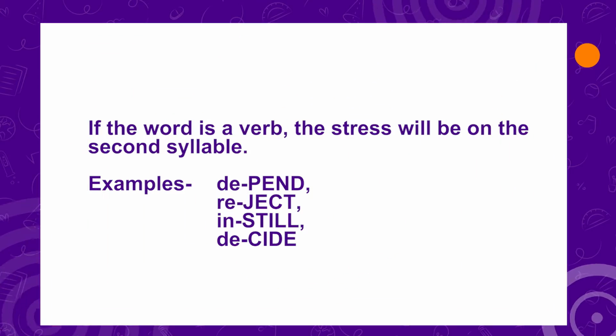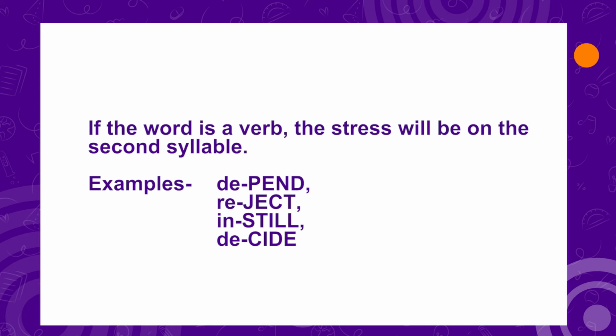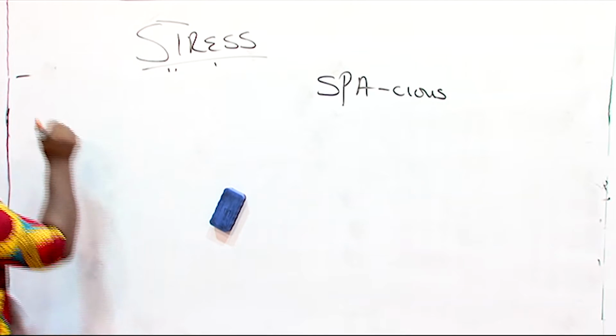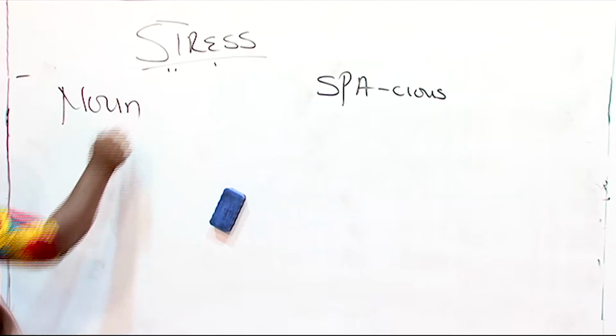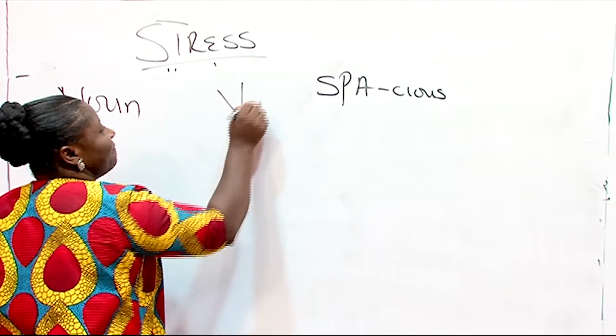Example: we have here noun, we equally have here verb.